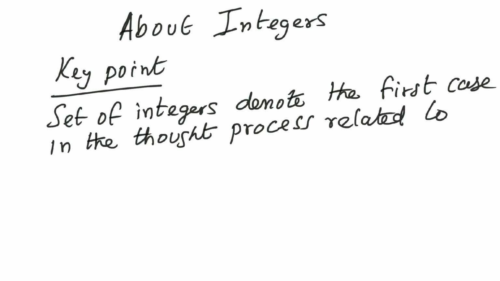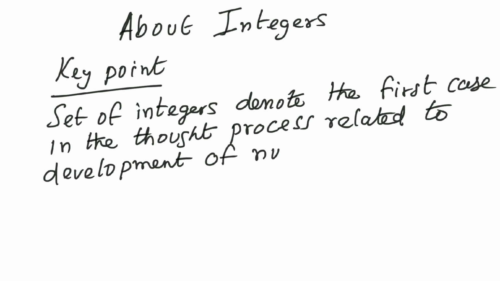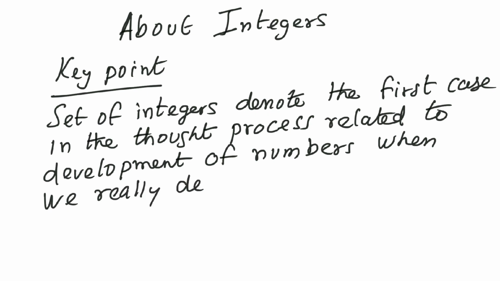To know that, we have to continue with our discussion which we had in the first two videos. The first video where we discussed the key properties of the natural counting numbers, and the second video where we discussed the whole numbers, why whole numbers are called or denoted whole.